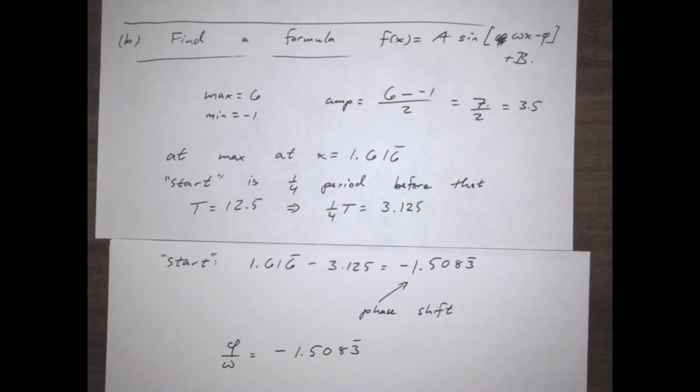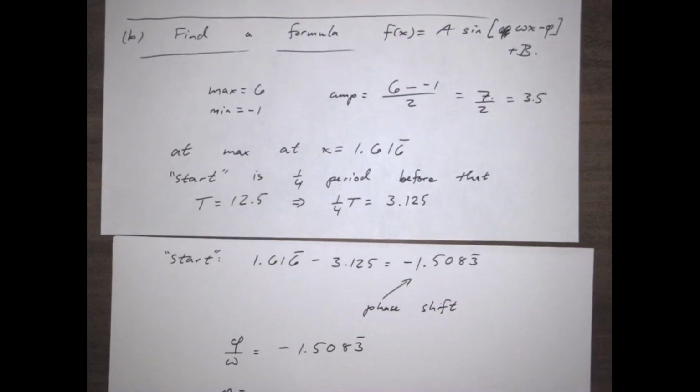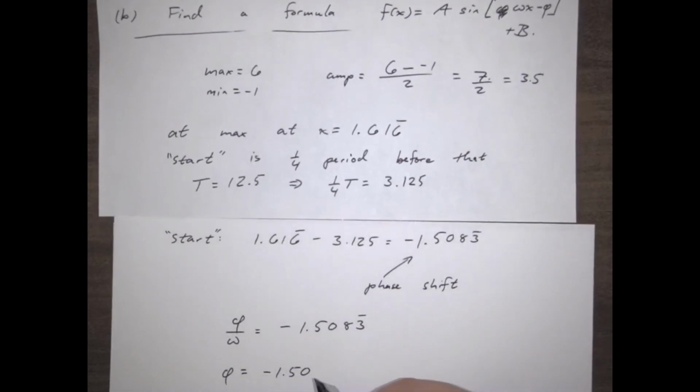So that means that phi itself would equal -1.5083333 times omega.